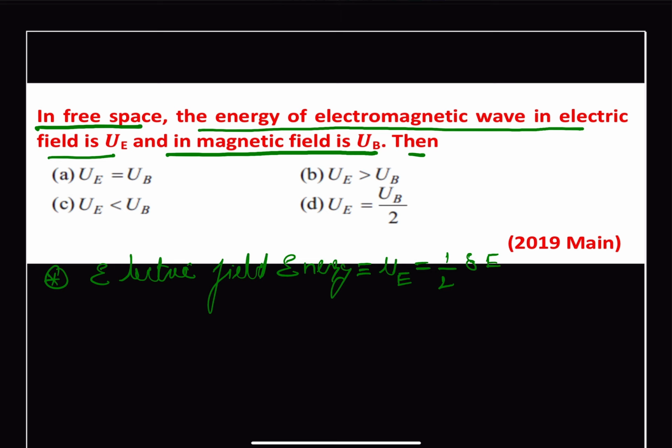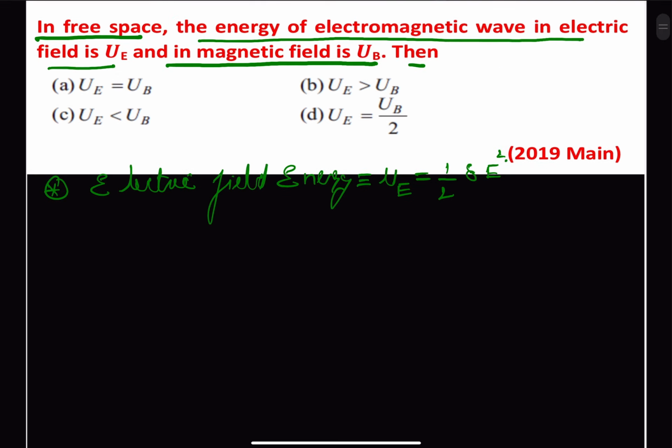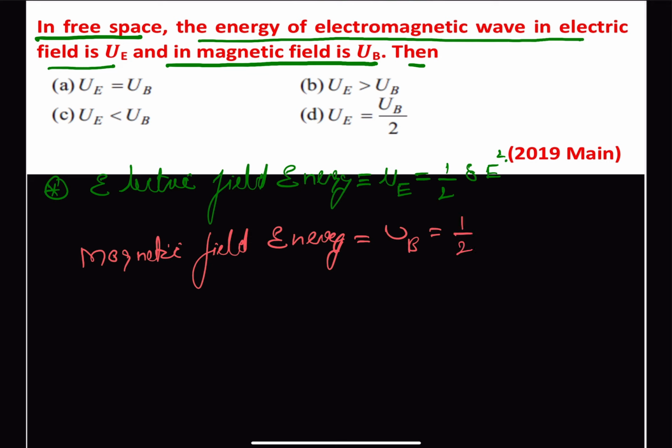epsilon naught E square, and similarly the magnetic field energy, that is our UB, is equal to half B square upon mu naught. And we already know the relationship between electric field and magnetic field.